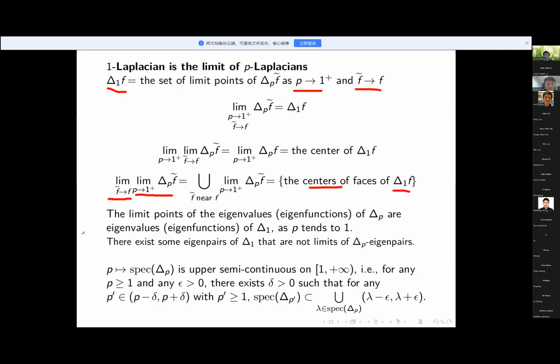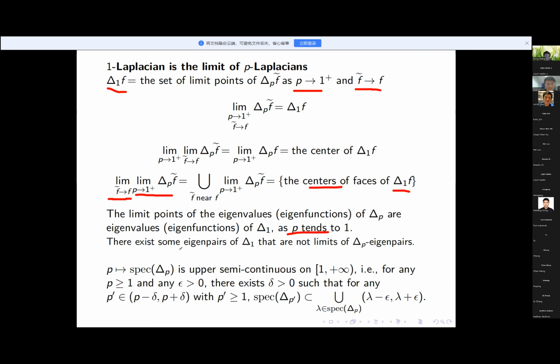Okay. Moreover, the limit points of eigenvalues and eigenfunctions of the p-Laplacian are eigenvalues and eigenfunctions of the 1-Laplacian as p tends to 1. However, there exist some eigenpairs of the 1-Laplacian that are not limits of p-Laplacian eigenpairs. Here, an eigenpair means a pair of an eigenfunction and its corresponding eigenvalue.